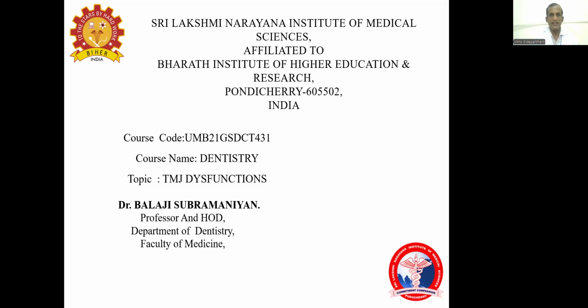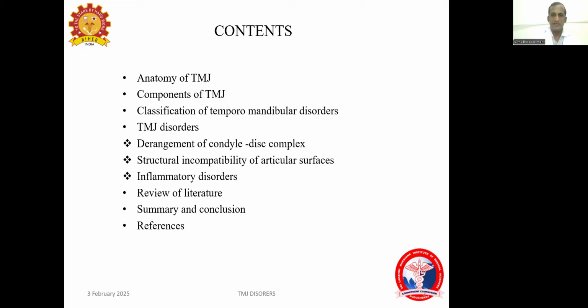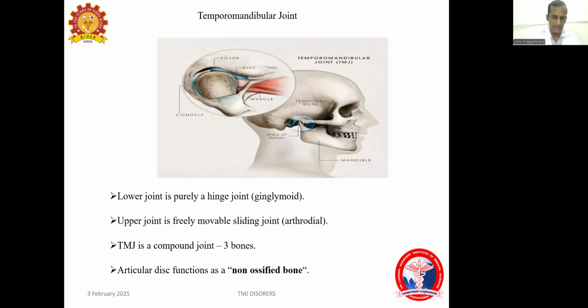And today's session is regarding the temporomandibular dysfunctions. Getting into this chapter, first of all, I would like to enlighten you on the basic principles regarding the anatomical structures of the TMJ.